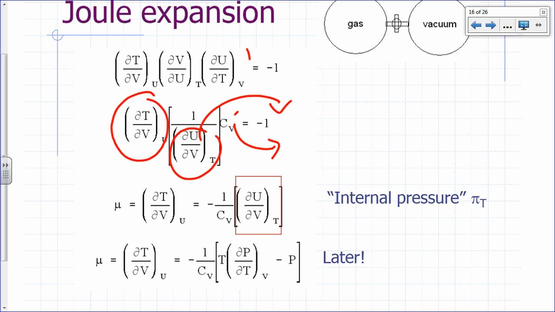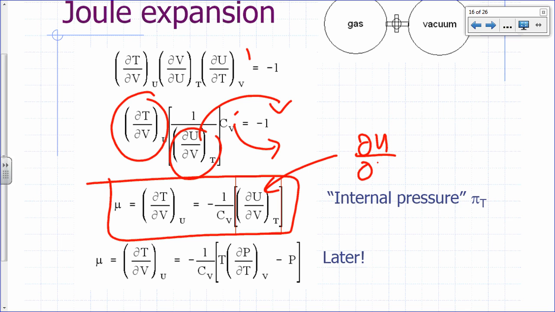So mu is just equal to negative 1 over Cv times partial of U with respect to V at constant T. This expression right here is known as the internal pressure, and your textbook gives it the symbol pi sub T. It tells you how the internal energy of a system changes when you change its volume while holding the temperature constant.